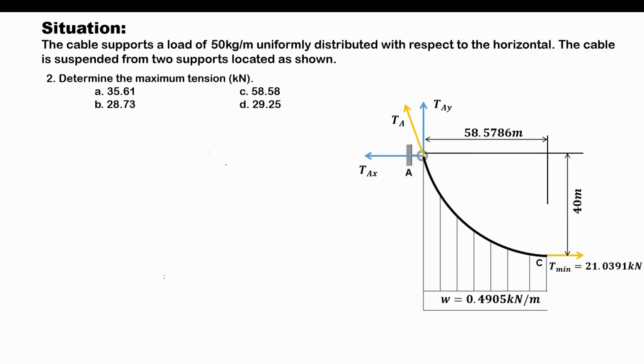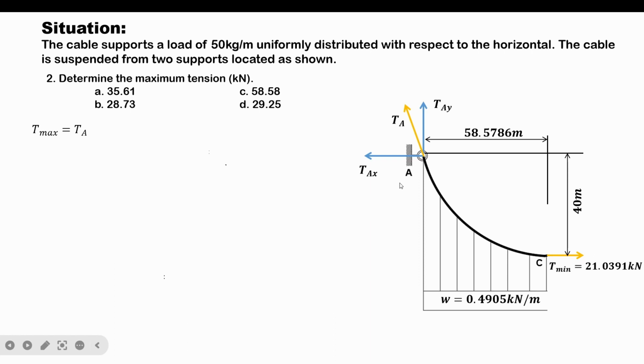As discussed, the maximum tension is equal to the tension at point A. If we analyze the free body diagram of cable segment AC, the components of the tension at A can be computed using the equations of equilibrium pertaining to summation of forces along the horizontal and vertical directions.